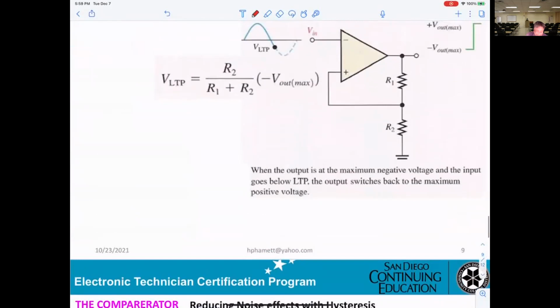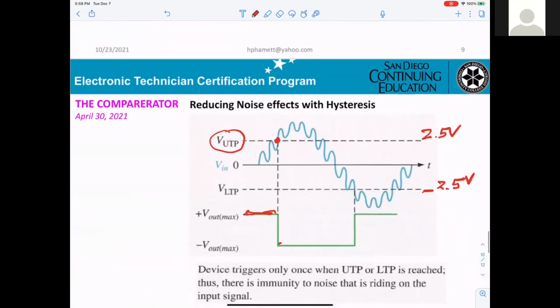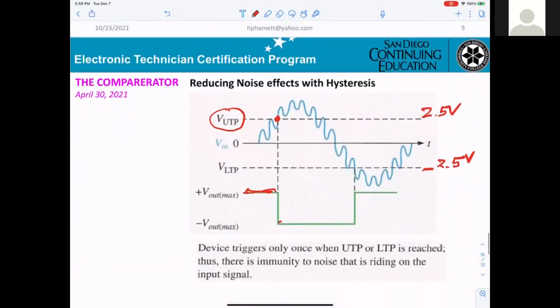Okay, input connects to the negative, output goes for the upper trigger or lower trigger. Mr. Pham, you were looking at the lower trigger on that one you just did. Yeah, right now at this point here, right? Right, but I'm saying when input is less than upper trigger, right?